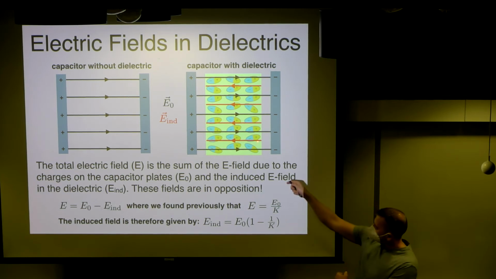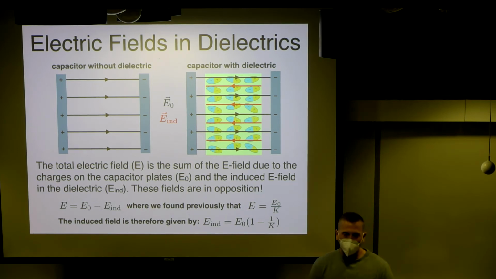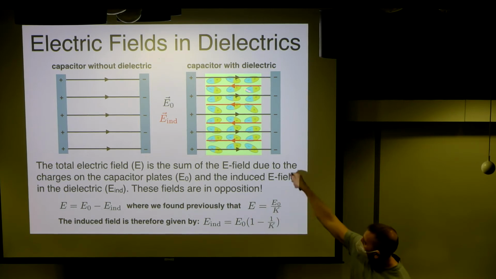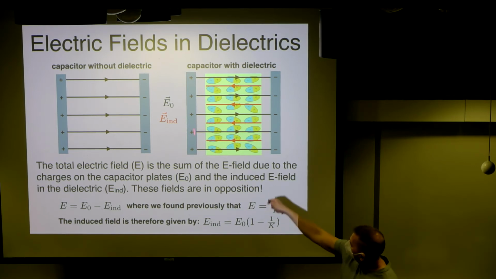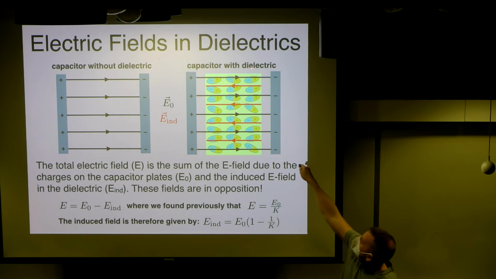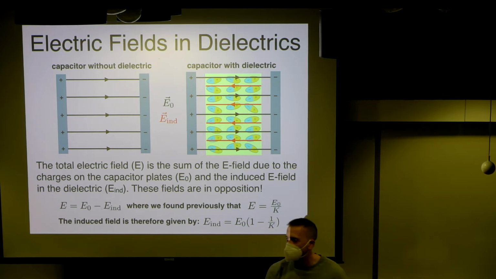So we have this induced E field, which is opposing our E naught. And really, the total electric field in between the capacitor plates is the sum total of those two E fields, right? Because you have the E field due to the charges on the plates here, and the E field due to the dielectric charges on the inside. Okay, and you have to add those together to understand what the total E field is. Does that make sense?